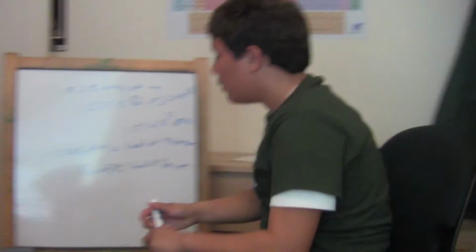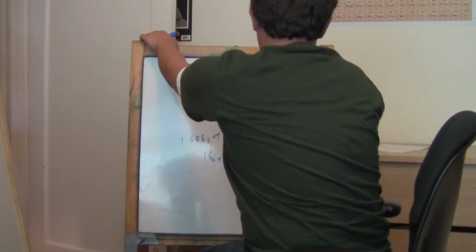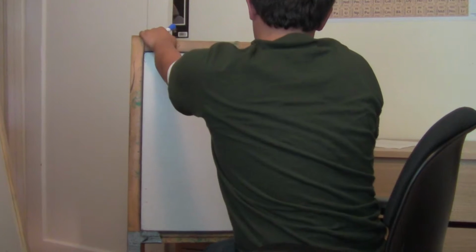Because one atom that weighs the exact same amount as its accepted atomic mass is equal to 1 mole of them. Which then brings me to my next problem: calculating the molar mass of a compound.